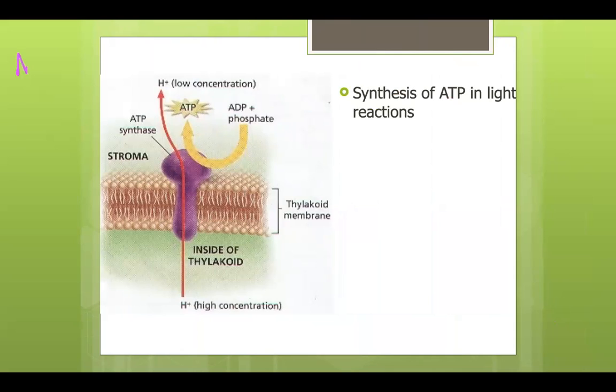So far, we've seen how we make NADPH at the end of the electron transport chain, but we have not yet made ATP. But guess what? Let's say here's photosystem 2, photosystem 1. This is going to be kind of messy. There's my electron transport.